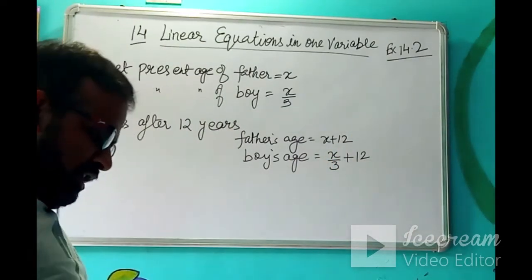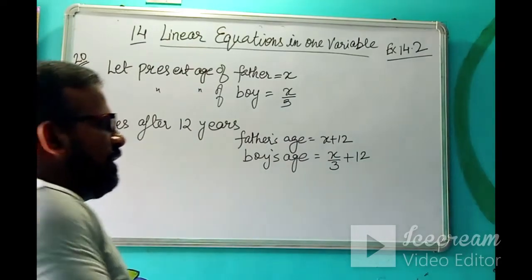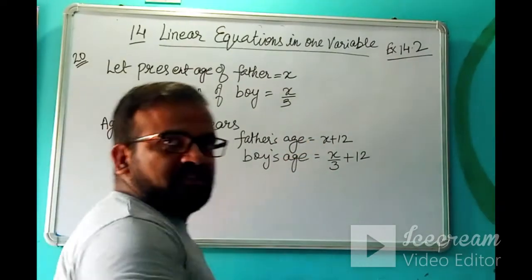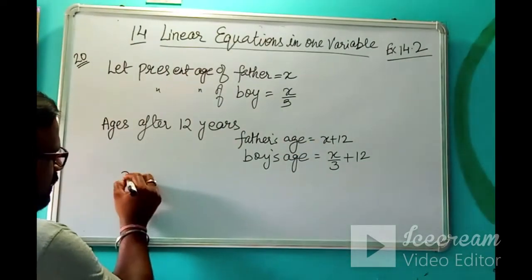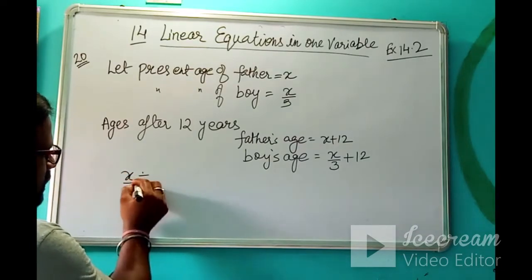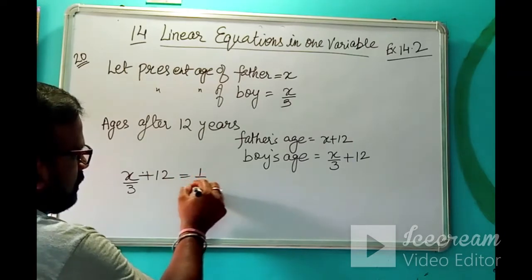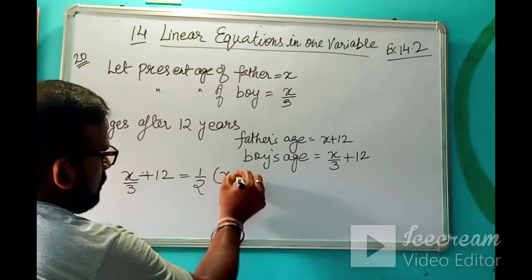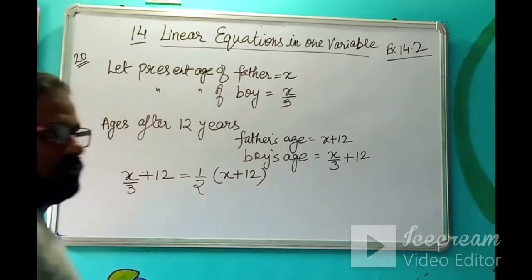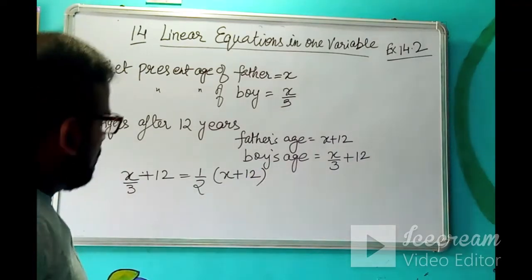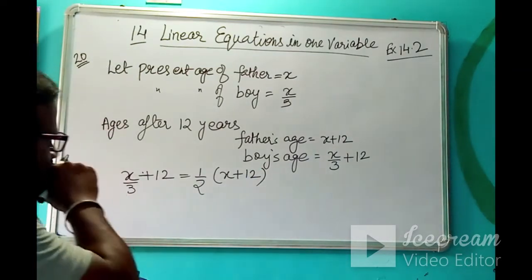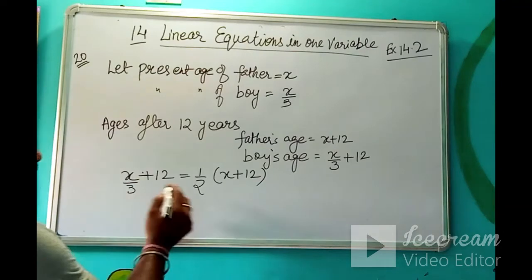Now what is the relation given? The boy will be half of the father's age. That means the boy will be half of the age of father. Okay, so this will be our linear equation. Now we will solve it.